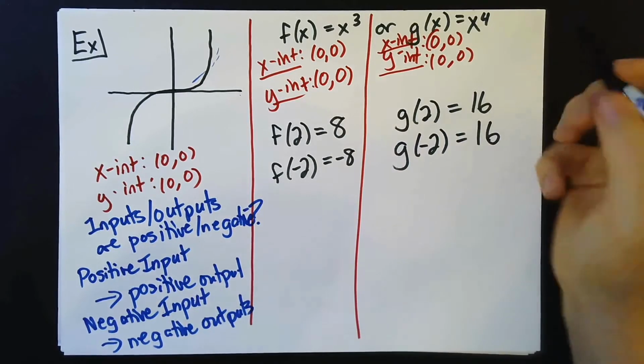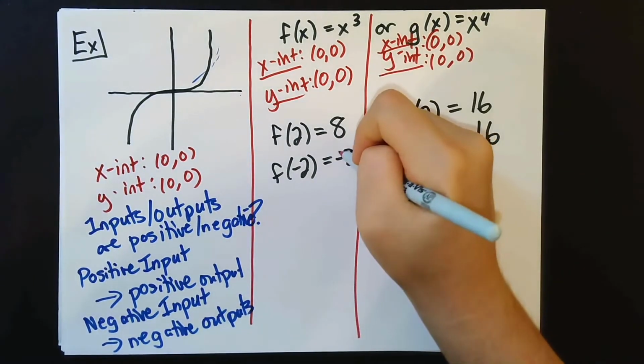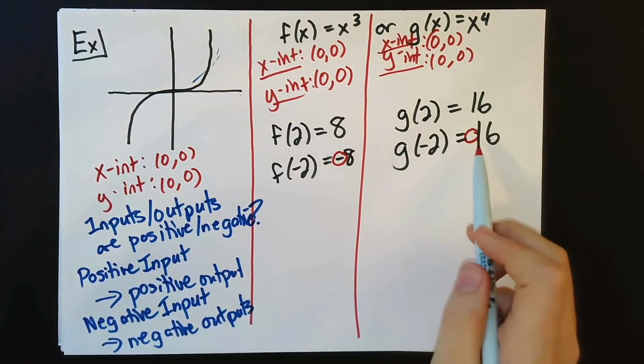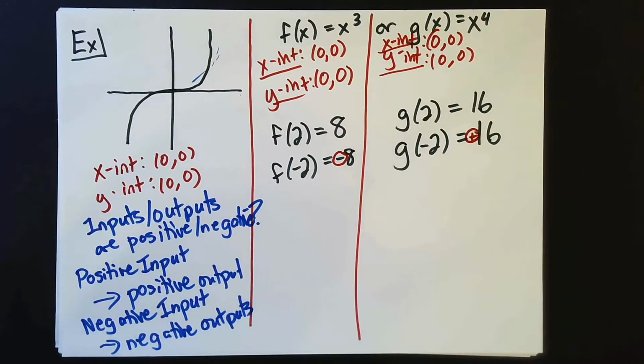Okay. The key difference here is this sign. Note I'm circling the absence of a minus sign here, or if you want, I can put a plus sign there, just to emphasize this.